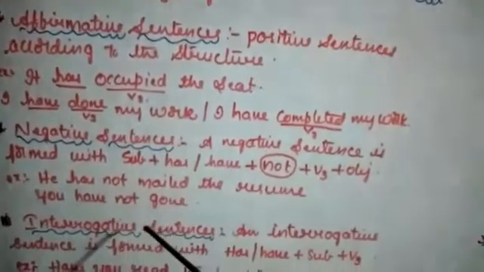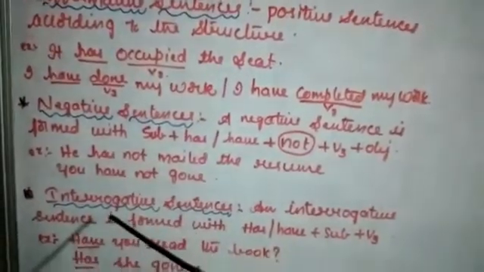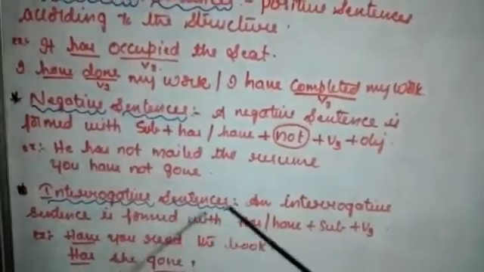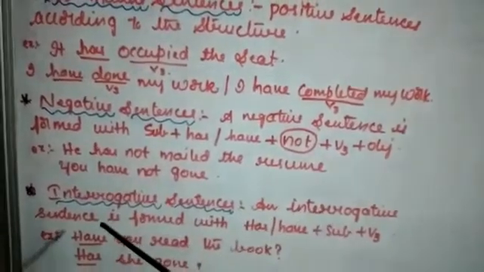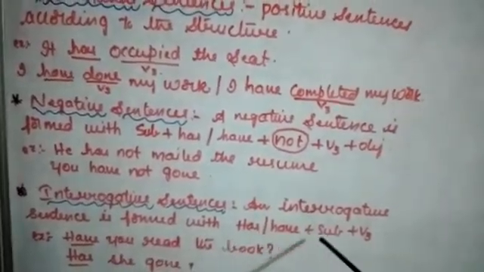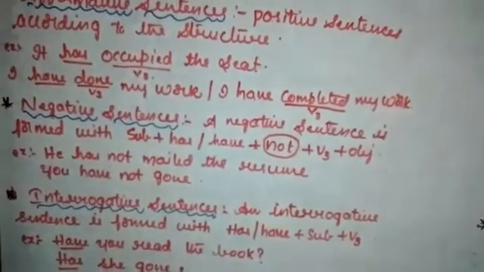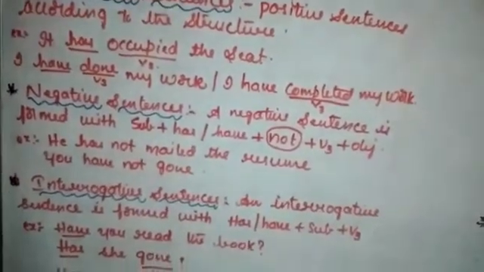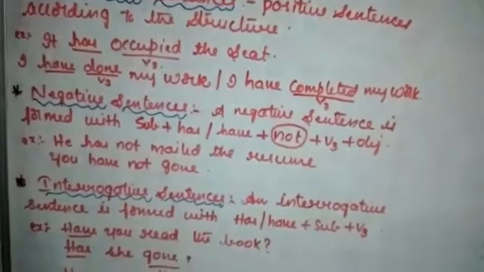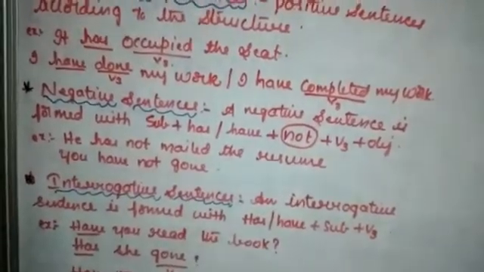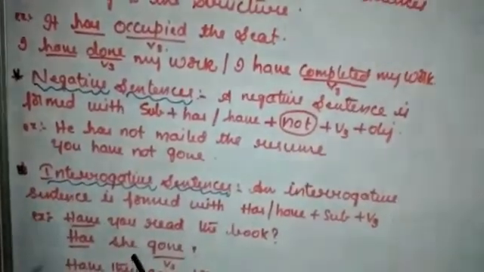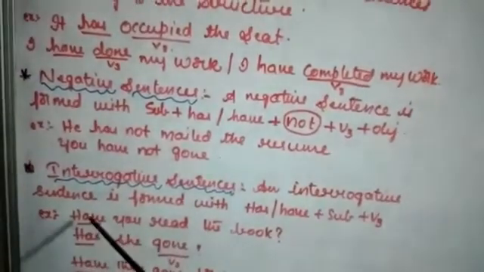Now we will see the third type of sentences, that is interrogative sentences. An interrogative sentence is formed with has or have plus subject plus V3. Already I have told you that in interrogative sentences, means in questions, the helping verb comes at the beginning of the sentence and it is followed by the subject. Isn't it?